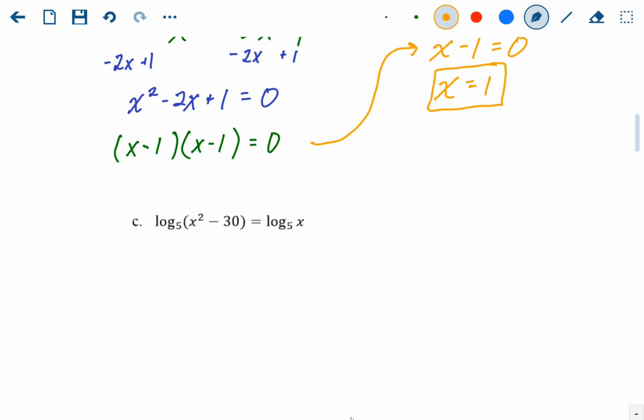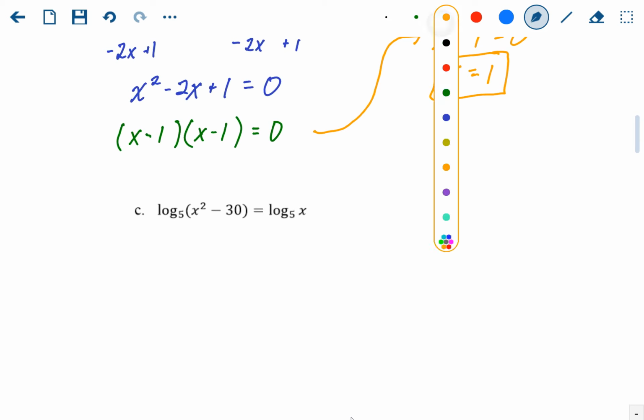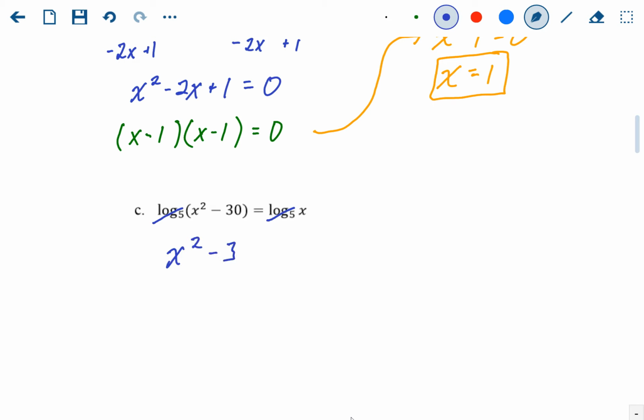And this last one, when the log's bases are the same, again, log base 5 equals log base 5, so that means x squared minus 30 has to equal x. Once again, this is a quadratic, so we're going to have to move everything to one side.